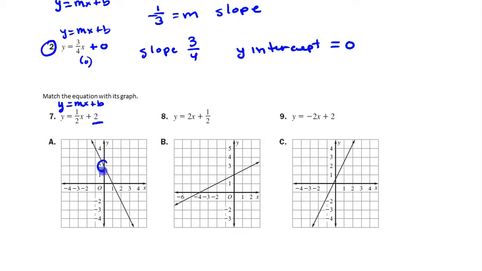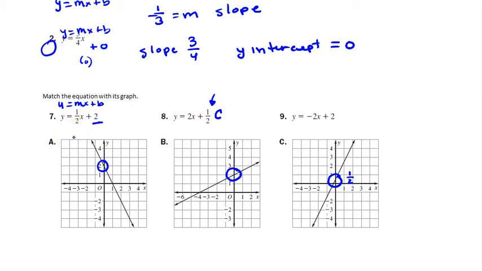And I see that happens here, and I see that it also happens here. But you'll notice here, it's actually crossing at 1/2. So this cannot be this particular graph. But if I look here, number 8 has a y-intercept of 1/2. So number 8 is probably C.